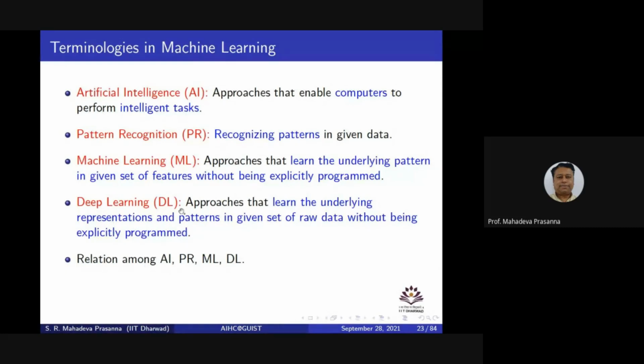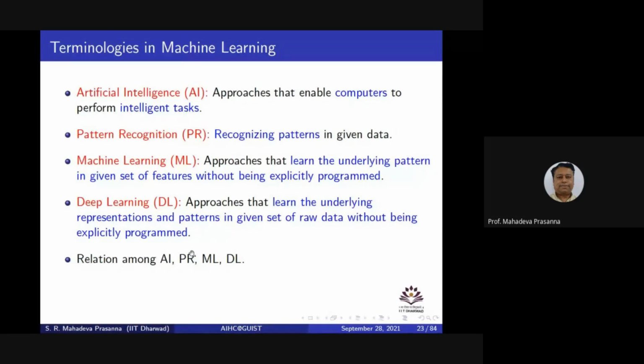Then the latest terminology introduced is deep learning. Deep learning gives one more degree of flexibility compared to conventional machine learning.